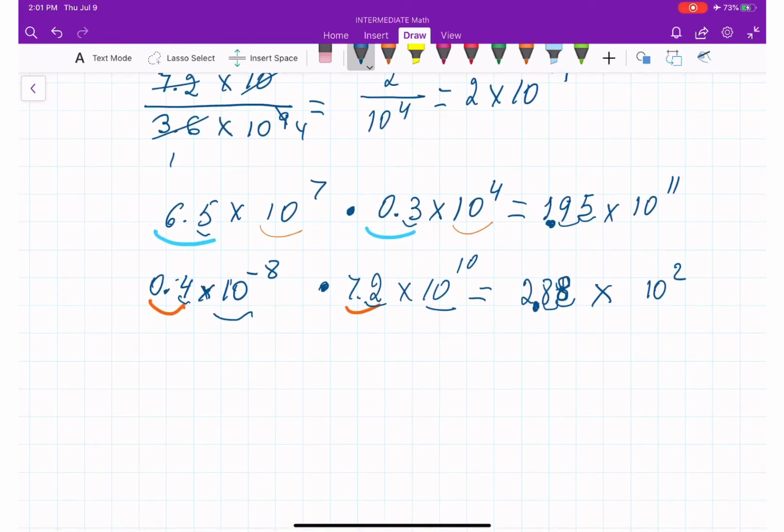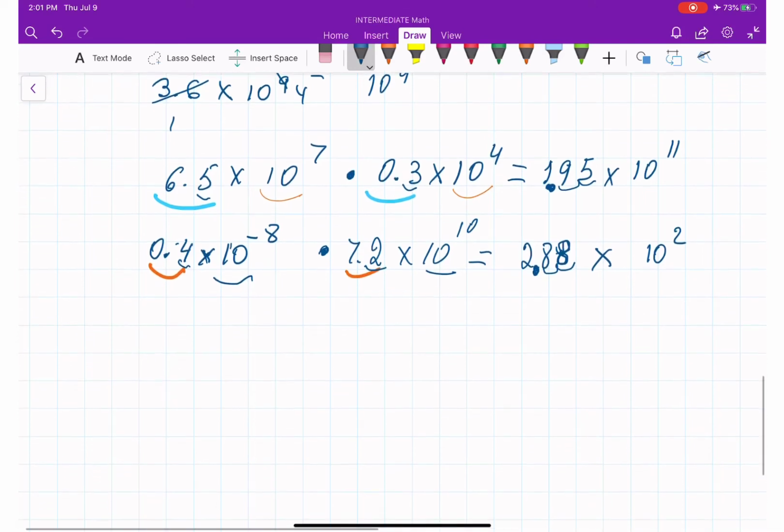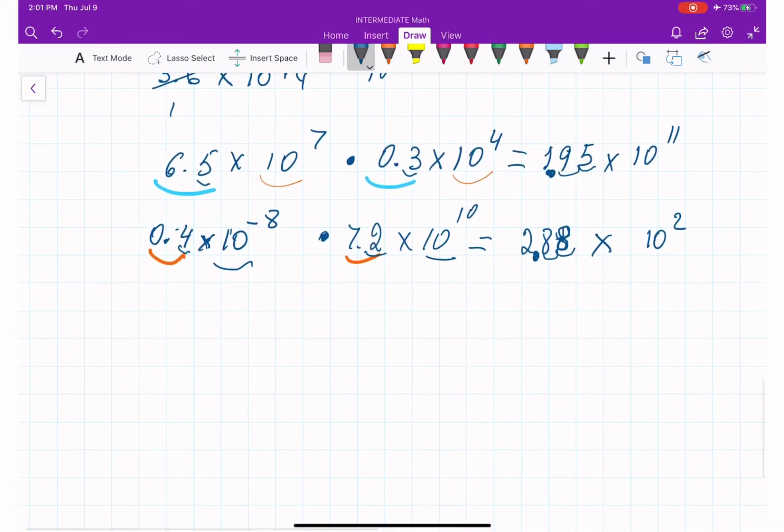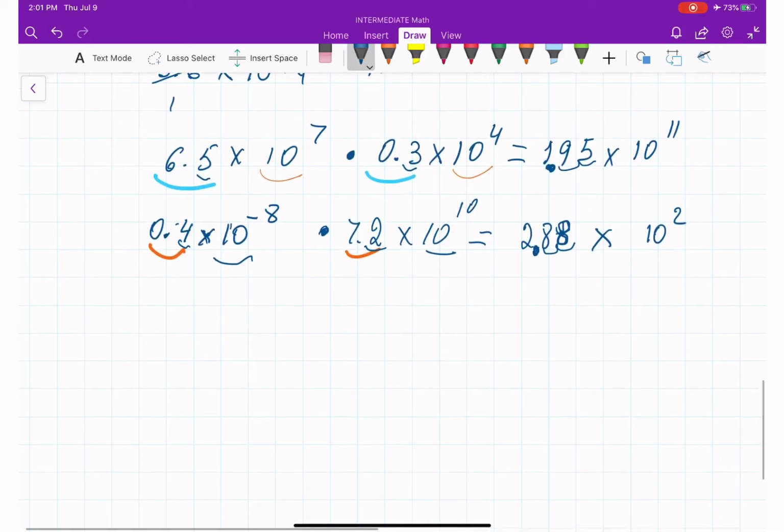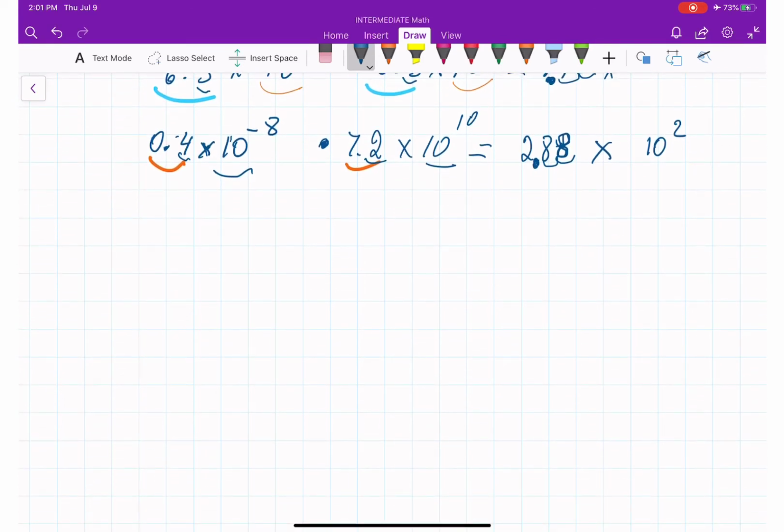And the last version of scientific notation. Let's assume I have 85 million multiplied by 2 million.